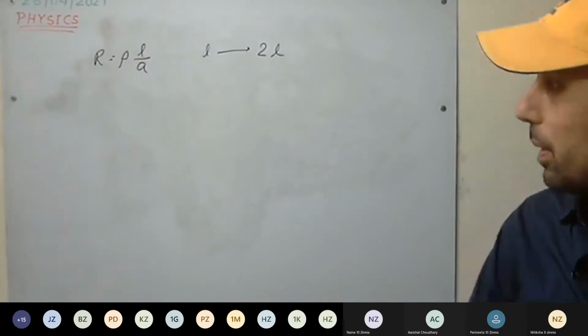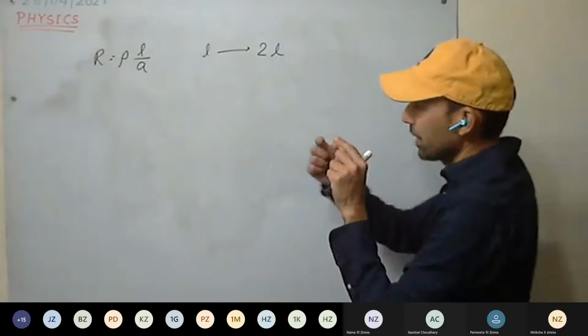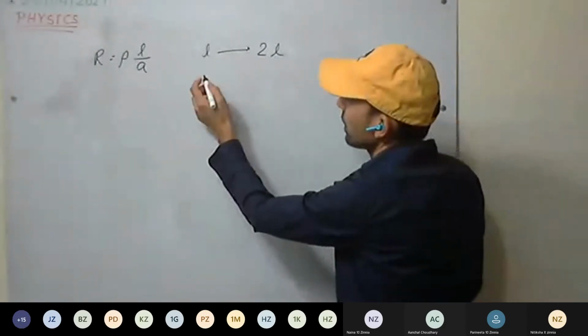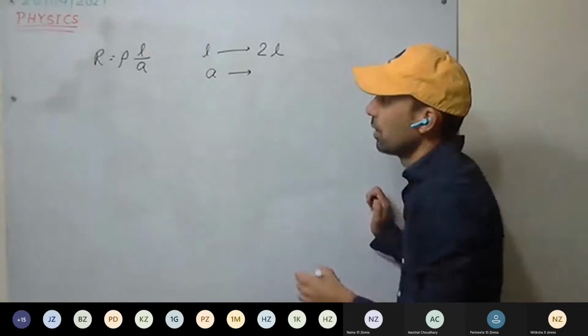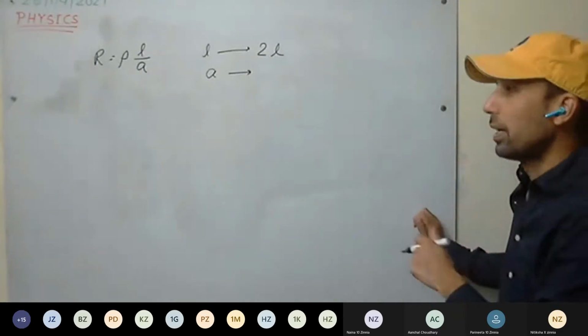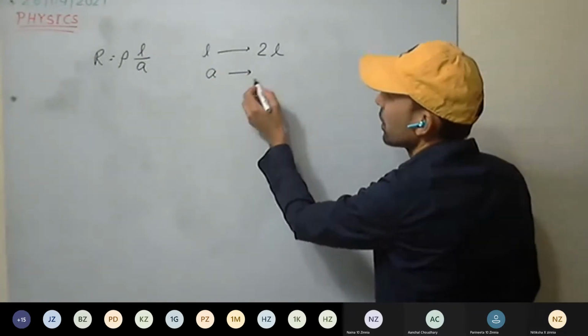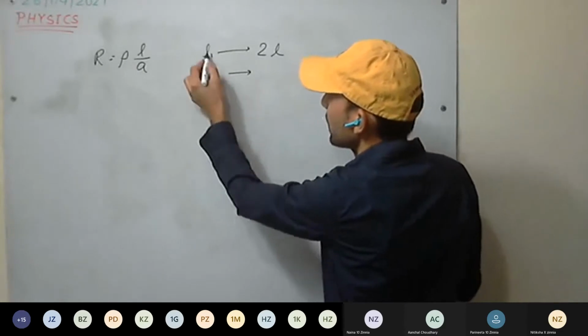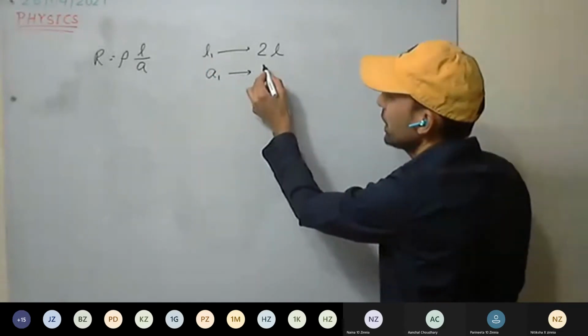It is stretched to double its length. We have stretched the wire, so length becomes 2L. Area will become how much? Half. We can take these as L1 and A1, the new ones.